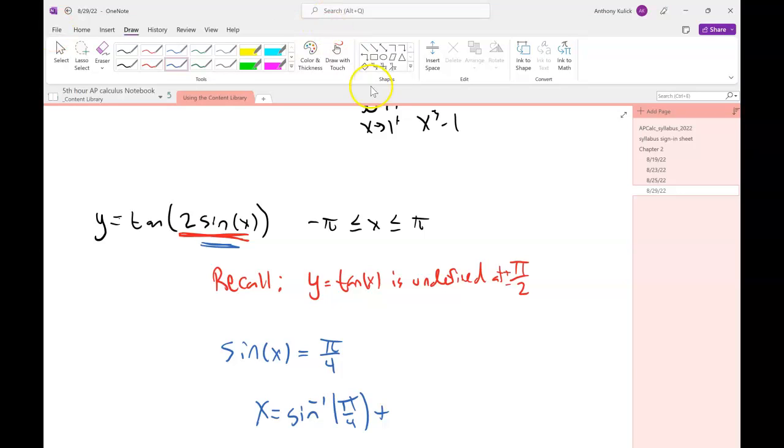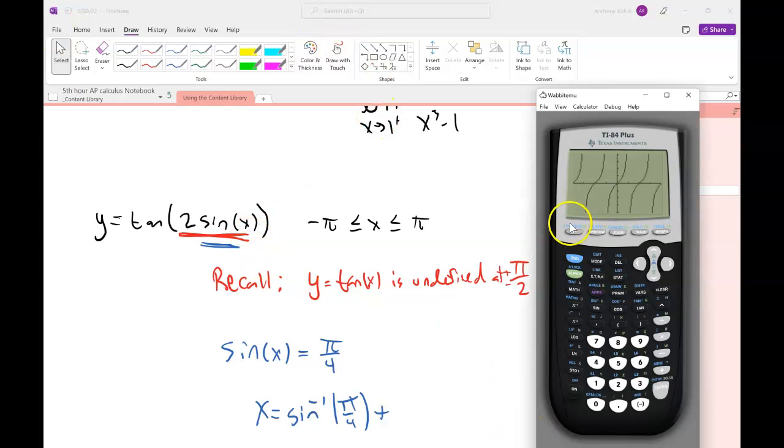Let's go look at the graph. That'll help me. Look at this crazy thing, huh, guys? So let's see, I got 1, 2, 3, 4, 5, 6, 7, 8 asymptotes from 0 to 2 pi.